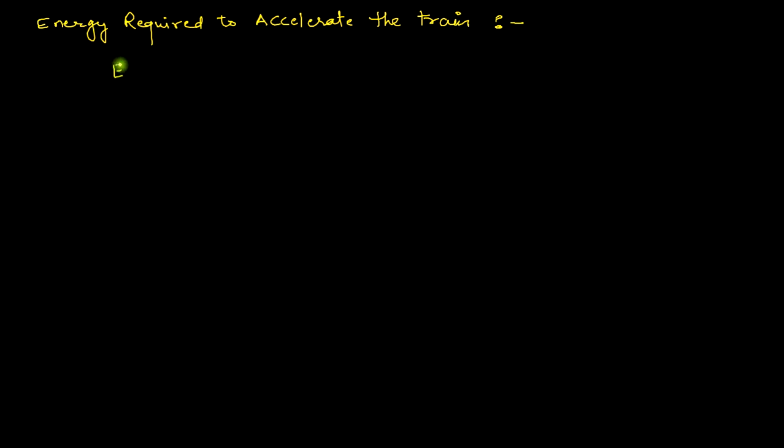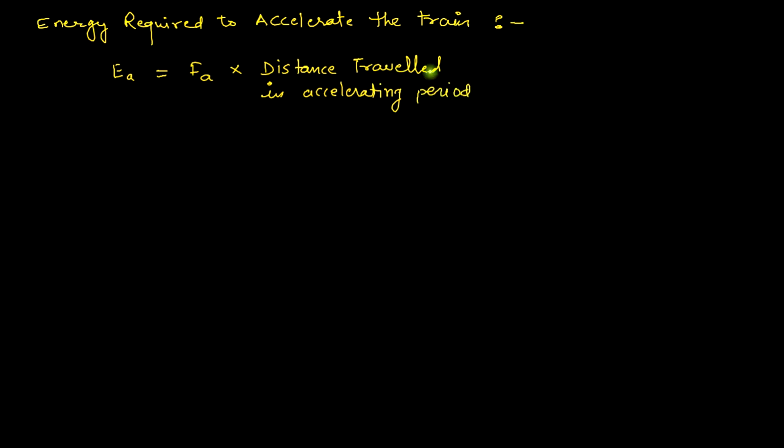Here EA is the energy required to accelerate the train, and this will be equal to the force required to accelerate the train times the distance traveled while accelerating, that is, the distance traveled in the accelerating period. We need to calculate this distance using the speed time curve of the electric locomotive.